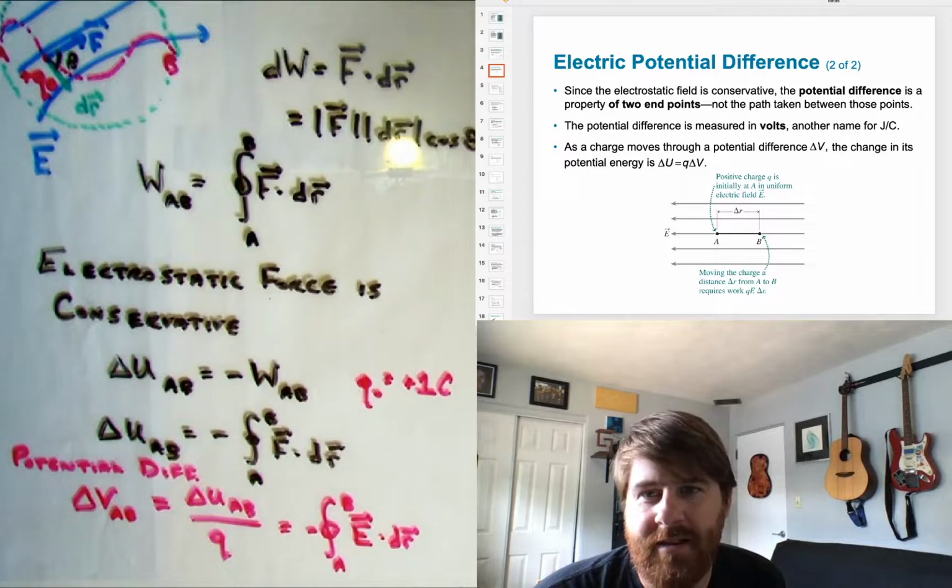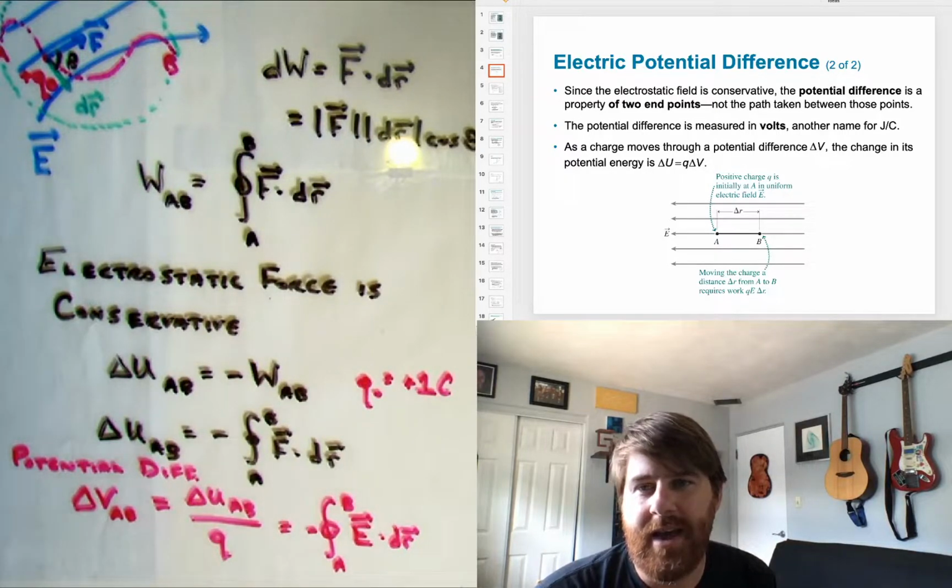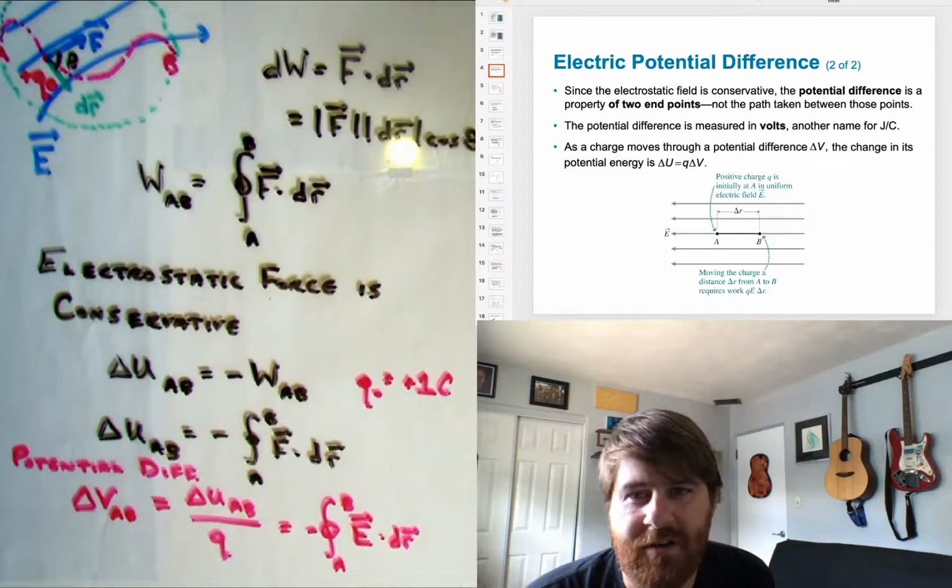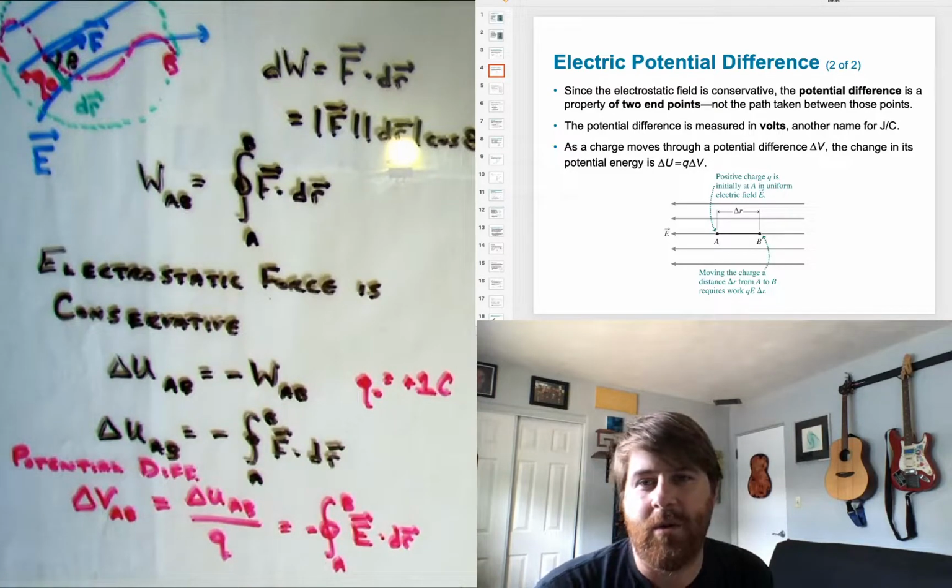I take a positive charge q, and it's initially at point A in the electric field, and I move it to point B. Moving the charge a distance delta r from A to B requires work qE delta r, right? And so what's happened?